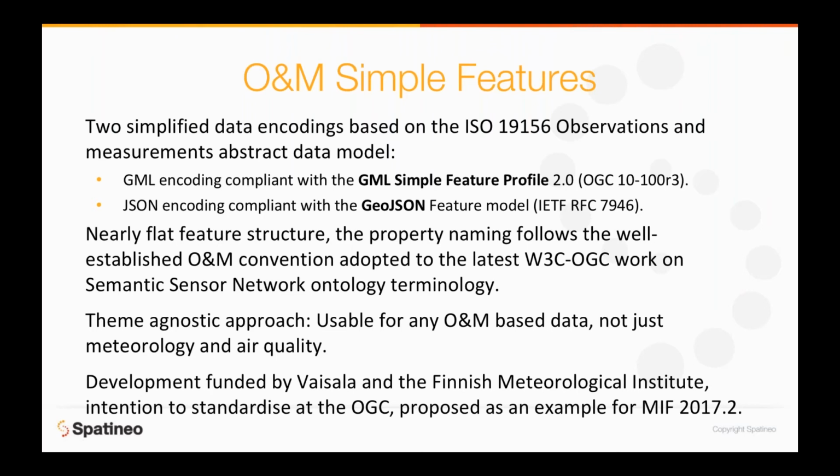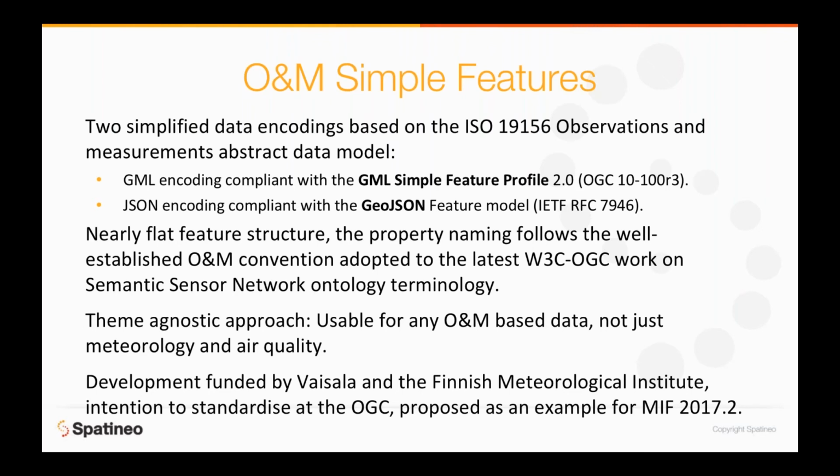currently two simplified draft encodings for observation and measurement-based data that are both based on the ISO and the OGC standard for the observation and measurements abstract data model. One is using the GML simple features profile, so a restricted, simpler GML encoding, and the other one is a JSON encoding compliant with the GeoJSON feature model, which is RFC 7946.